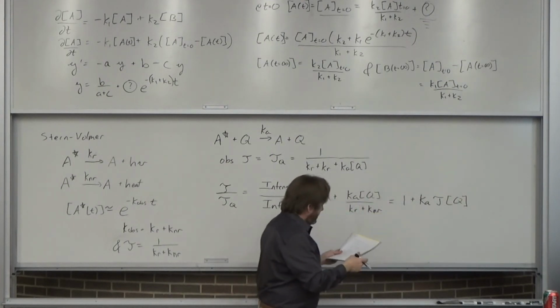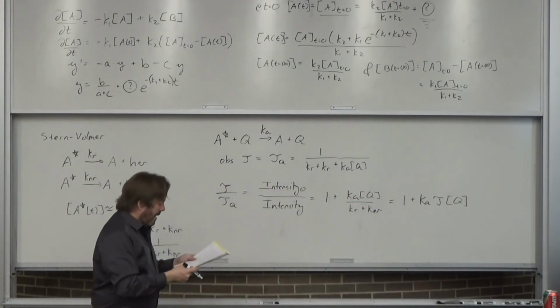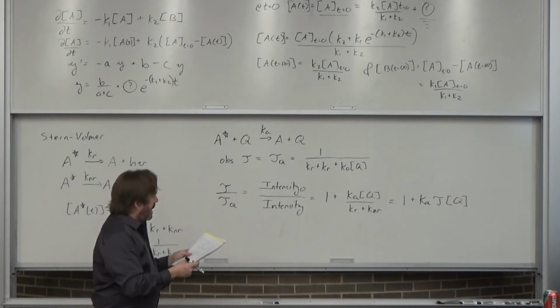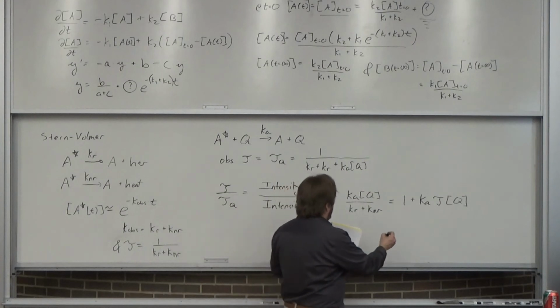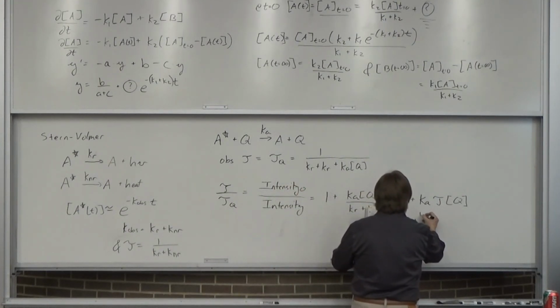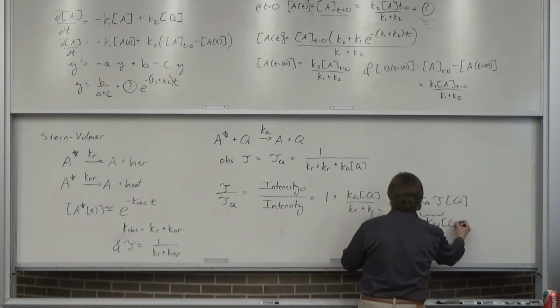So often this is expressed this way. It's expressed as 1 plus something called a Stern-Volmer constant, times the concentration of Q.